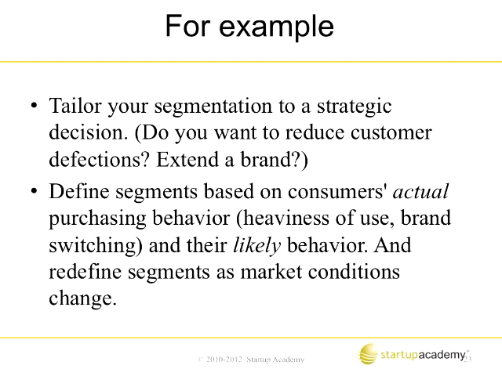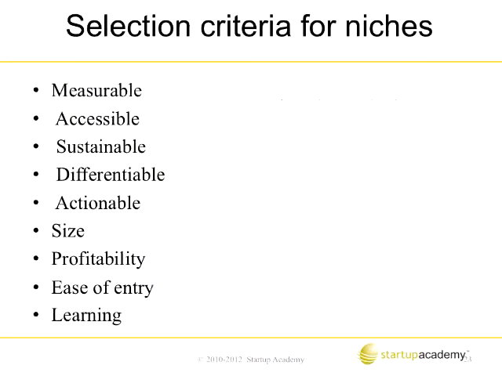So if we have a higher price, a significant portion of that is going to go to margin expansion. So when you're thinking about your products or services, think about how we segment this market. And again, heaviness of use or purchasing behavior might be one way to go.